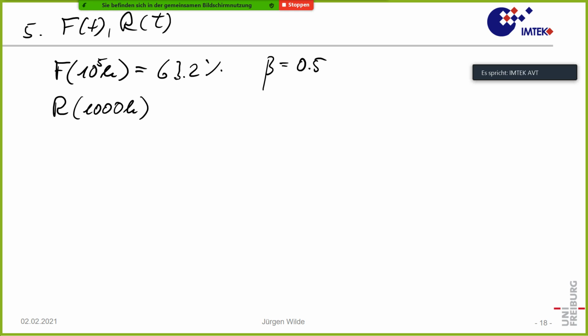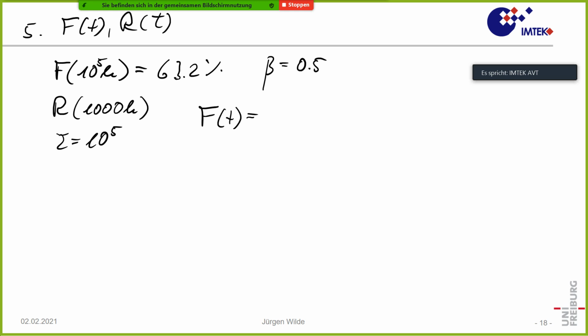How many percent is it? How can we solve that? First of all, what would be the failure function which we assume here? Yeah, okay, Weibull, go ahead. F of t, tau is 10 to the power of 5. Yes, so first let's write down the formula.